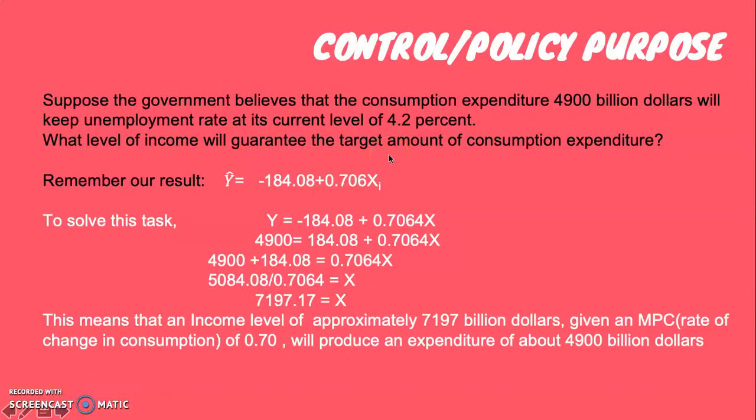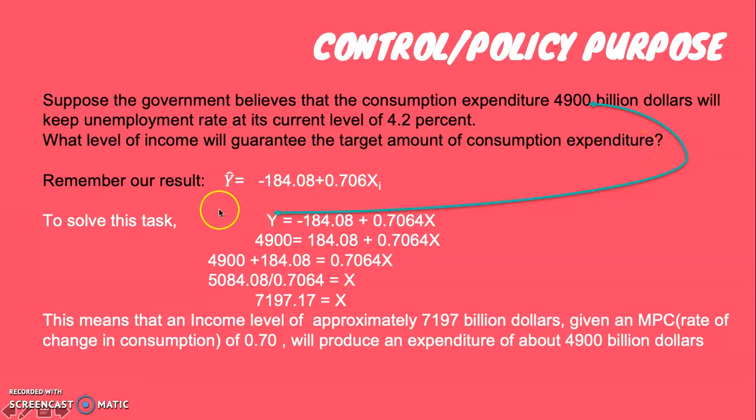Now, let us use our model for control and policy purpose. Suppose the government believes that the consumption expenditure of $4,900 billion will keep the unemployment rate at its current level of 4.2%. What level of income will guarantee the target amount of consumption expenditure?